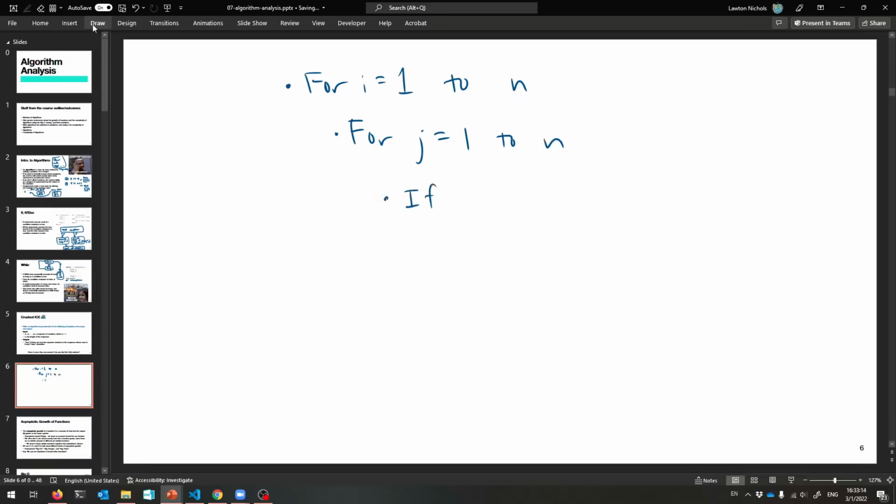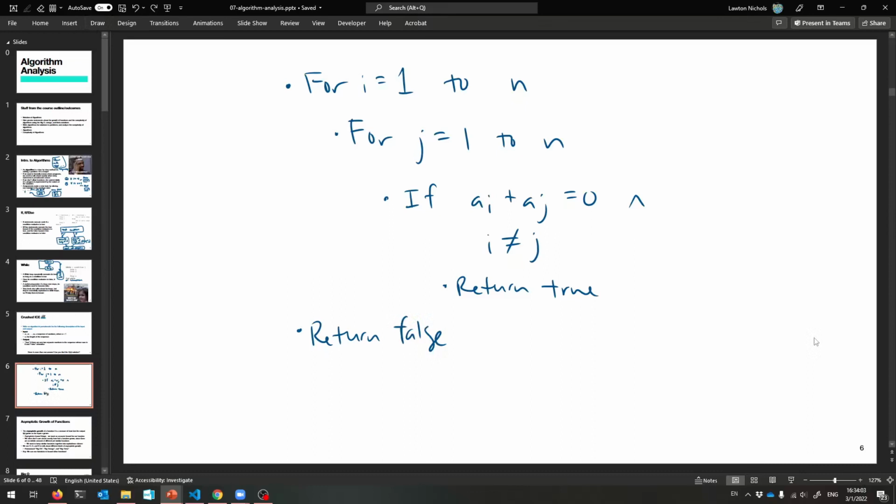If ai plus aj is equal to 0, and I is not the same as j, because it needs to be two separate elements, right? If that's true, then return true. Otherwise, return false. If we got through every single pair of elements, way down here, we can return false. So that is very obviously n squared.